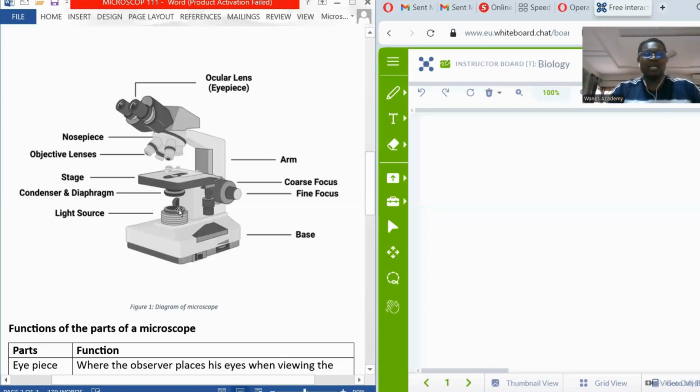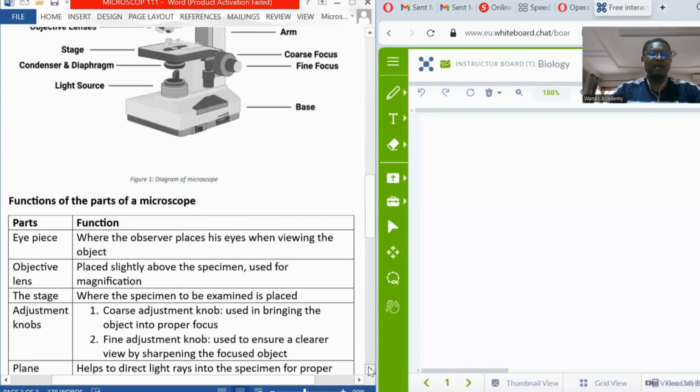The mirror in the light microscope, which is a simple microscope, collects sunlight and directs it through the condenser to the specimen on the stage. The importance of electron or sunlight is to view the specimen. Without light, we cannot view the specimen. So the light enables us to have a clearer view of the specimen. Then we have the stage or the base.